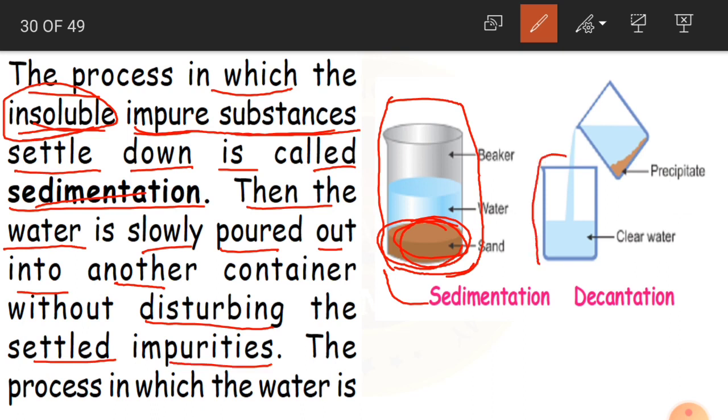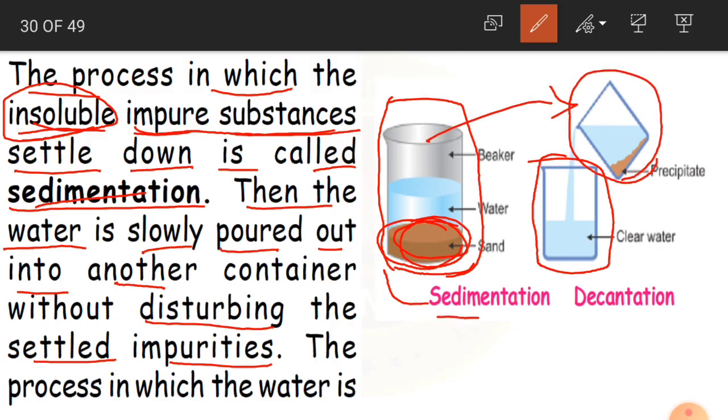We have taken another empty container, and where we have done the sedimentation process, we are pouring the water into the other container without disturbing the settled impurities. Only the water which is above the sand and dirt, only that water we are going to pour slowly into the other container.